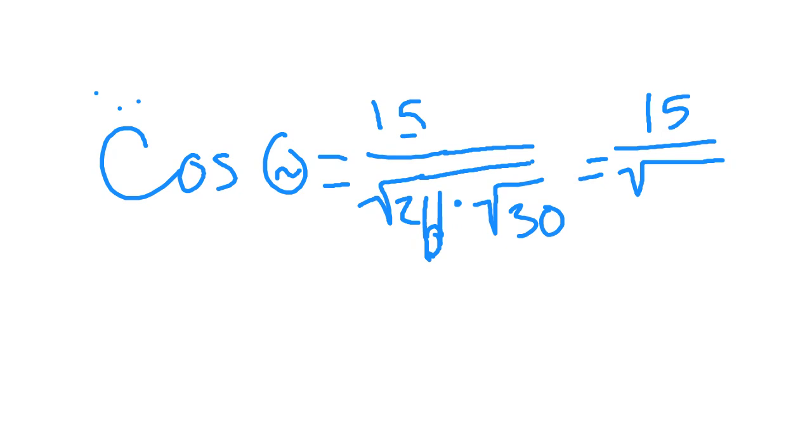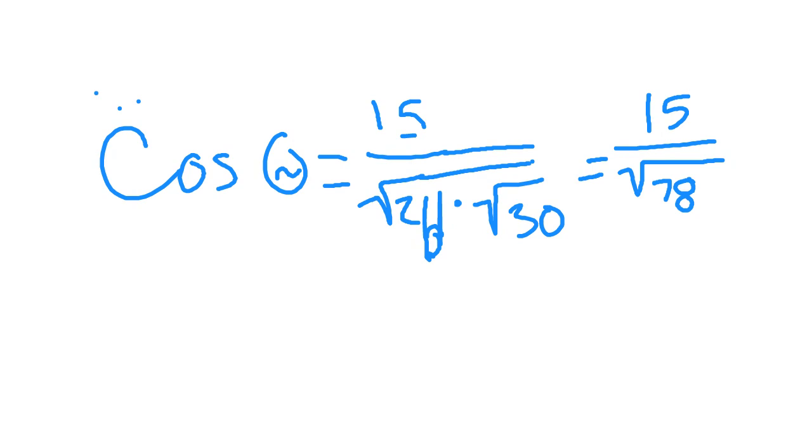We're gonna end up being able to take a 2 out. It'll end up being 13 times 15, because there's a square root of 2 times square root of 2. So it's going to be 2 times the square root of 195.